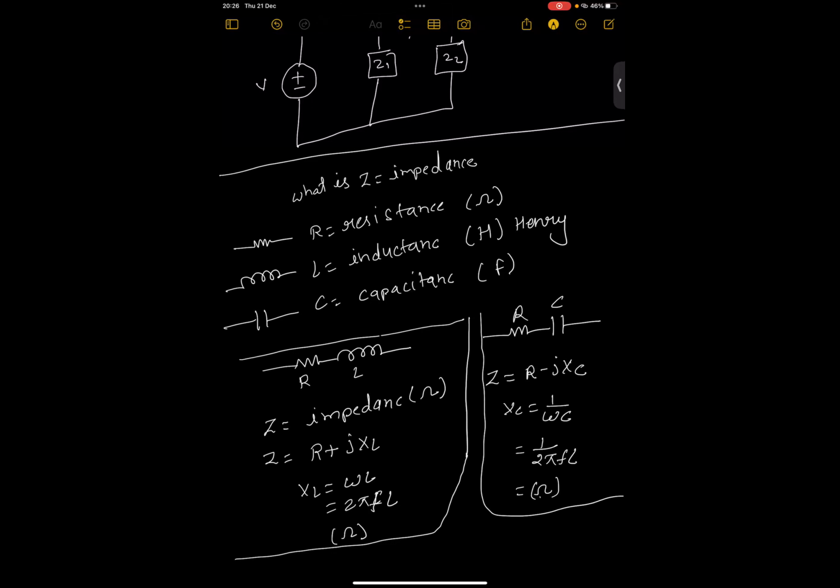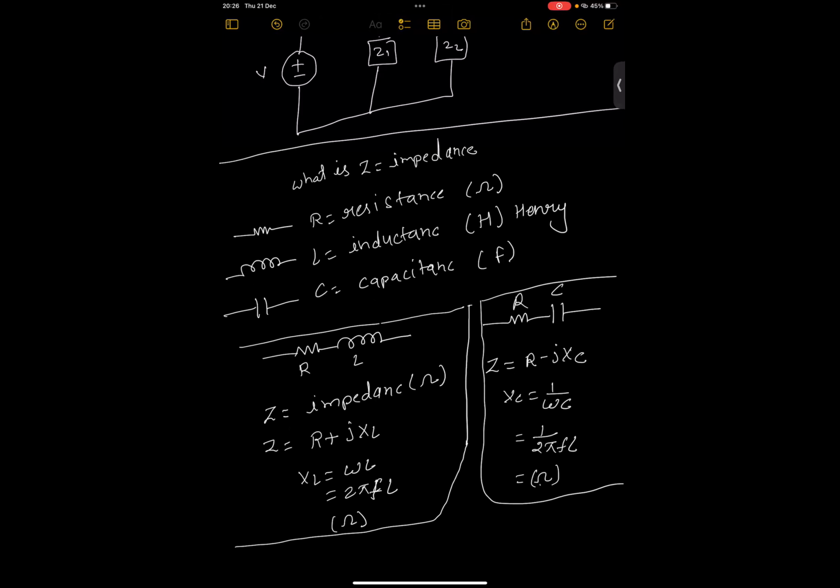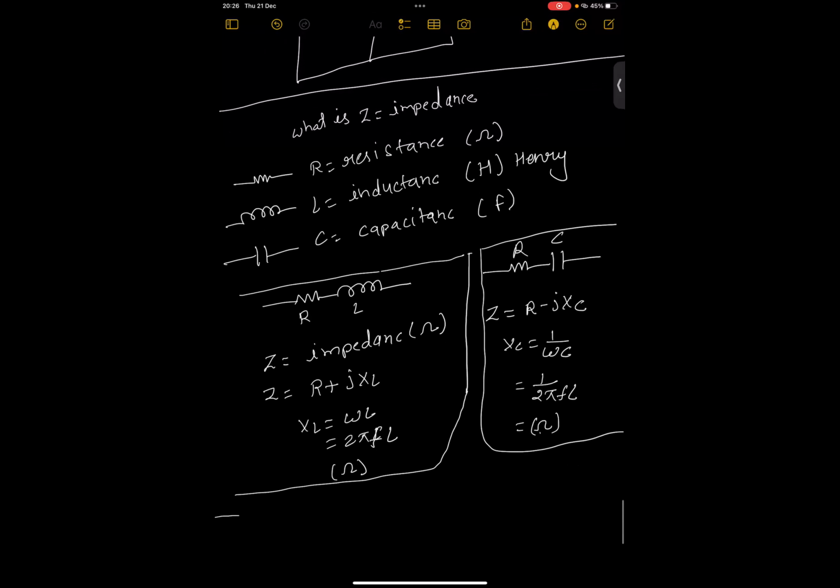Remember this one. Always remember these are the impedances for any series circuit. If parallel combination is given, then this will become something different. So impedance is nothing but a combination of resistance, inductor and capacitance, given according to the circuit, that is, it varies according to the circuit.